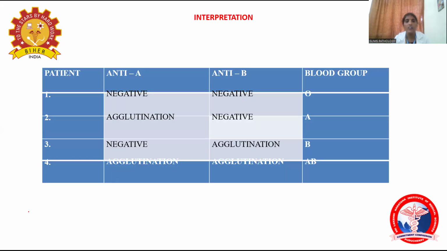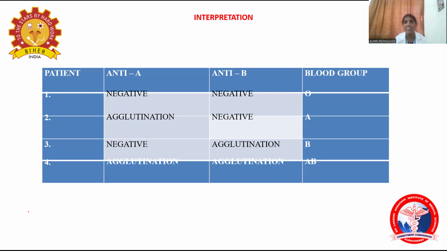So how do you interpret? I make a tile in which you label anti-A, anti-B, and of course anti-D. But here I want you to concentrate only on A, B, and O, so I have limited it. For example, in the anti-A column there is no agglutination, and anti-B also has no agglutination. Both are negative, which means O blood group, right? Whereas when anti-A is showing agglutination, what does anti-A need to get agglutinated?